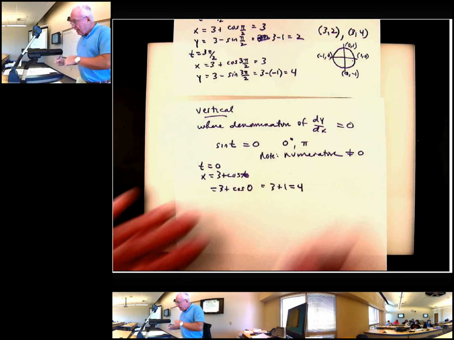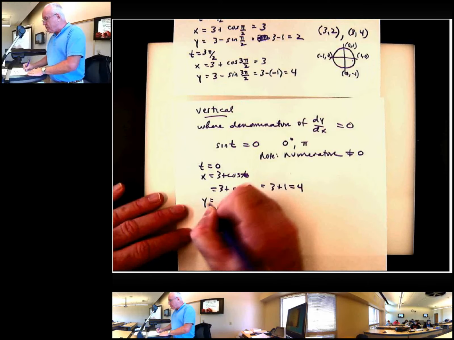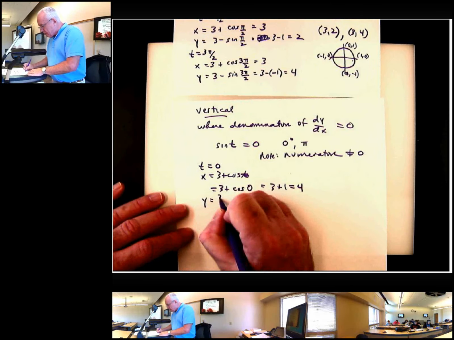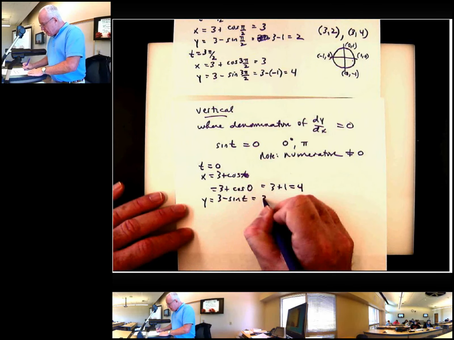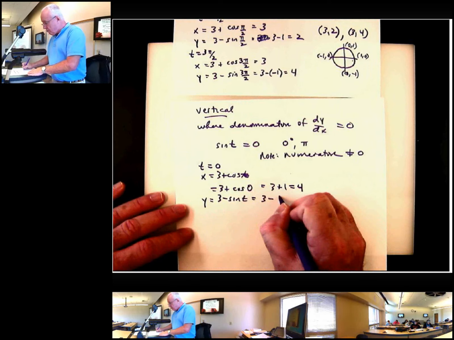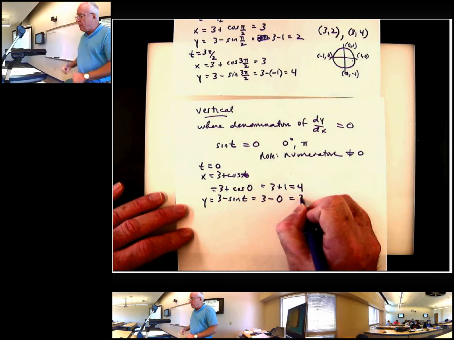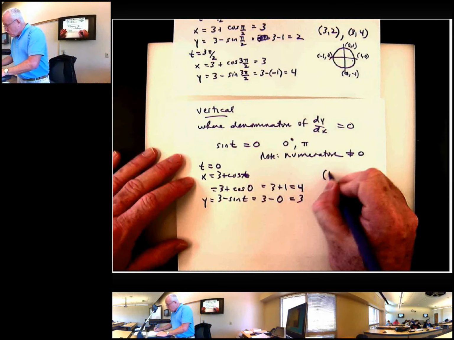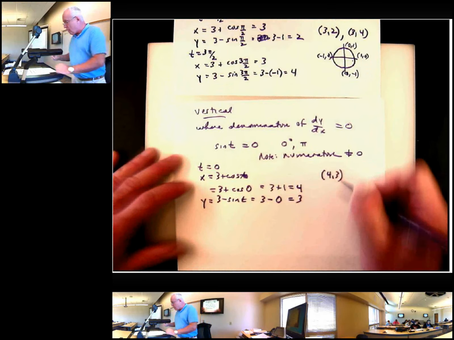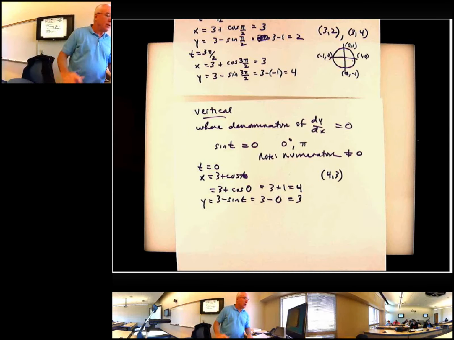And our y value for t equals 0: y is 3 minus the sine of t. That's going to be 3 minus 0, so our y value is 3. So this ordered pair, (4, 3), is a place where our tangent line will be vertical.